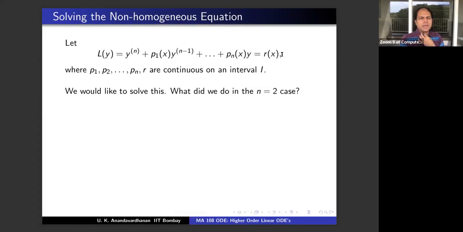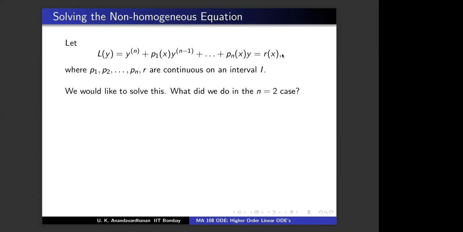What was the idea in n equal to 2? Can one of you tell me? How did you solve the non-homogeneous equation, the general solution? We used to guess a general function and then substitute it to get the coefficients. That is undetermined coefficients.